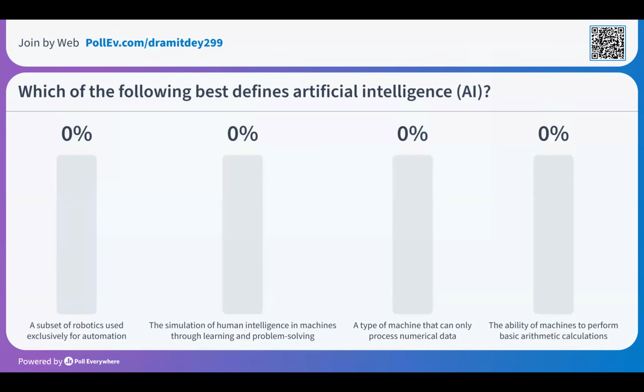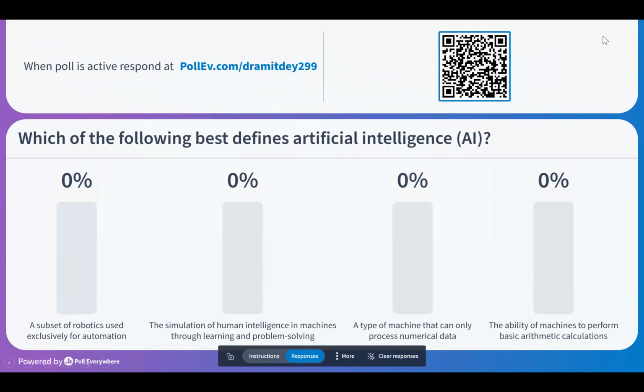So now what I want all of you to do is, as I always say, just listening to lectures is always boring, so I want all of us to get interactive. Take out your mobile phone, and you can see this QR code, and there is also a link, as you can see on the screen.